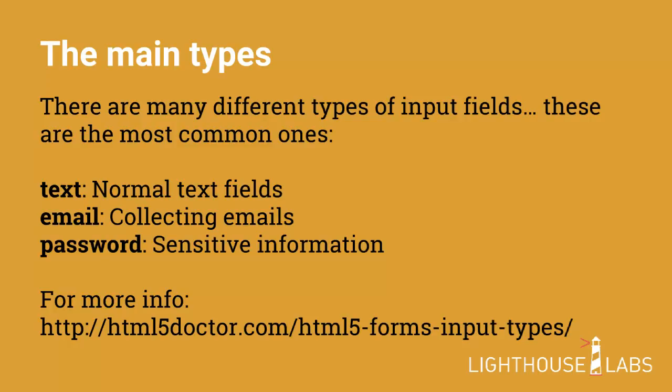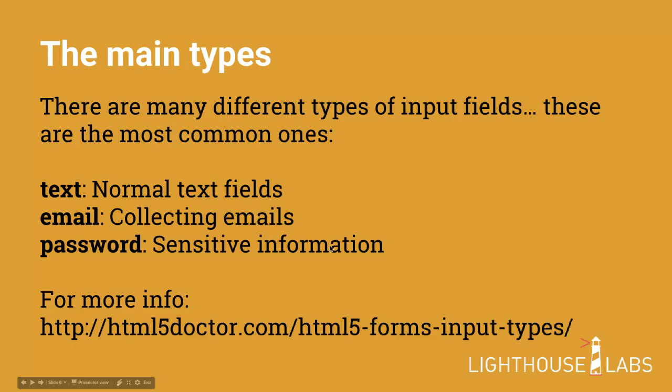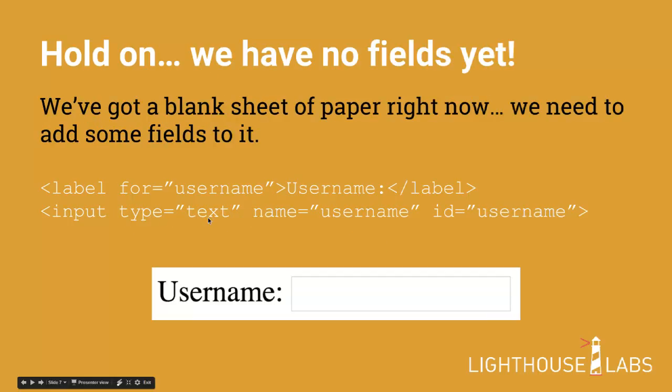So lots of different types of fields. Here we're looking at a text field. Obviously, we've all seen these. This is nothing new. And you've all seen these ones as well. Email and password. And you can probably guess, if I took email and wrote it in place of text, this is going to do some client-side validation.